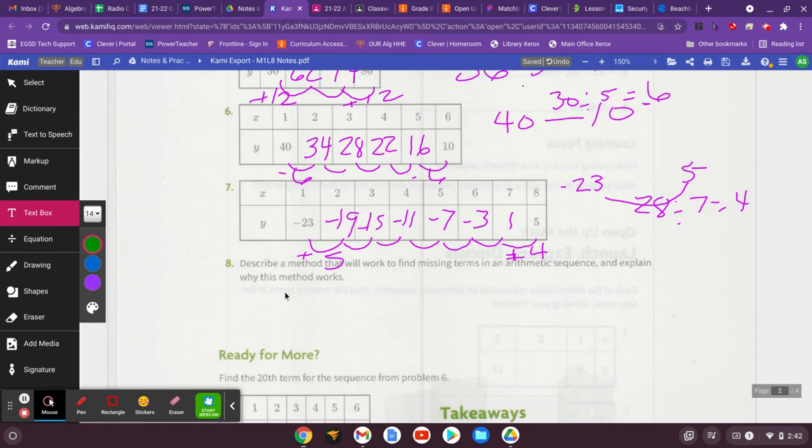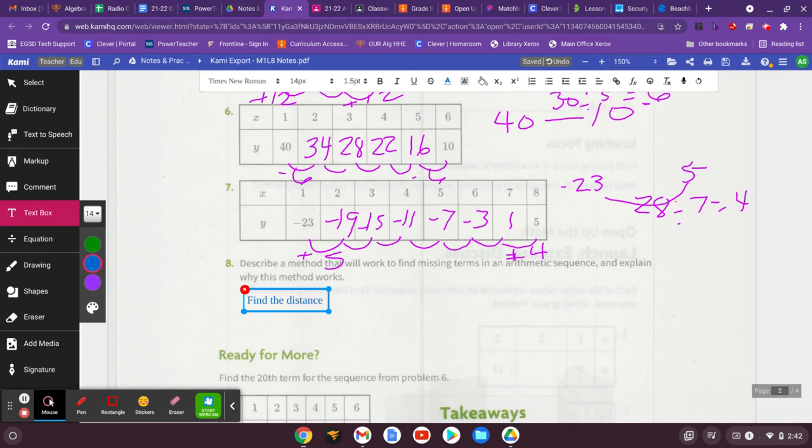I'm just going to write pretty much the same thing I did before. Find the distance between the first and last numbers.